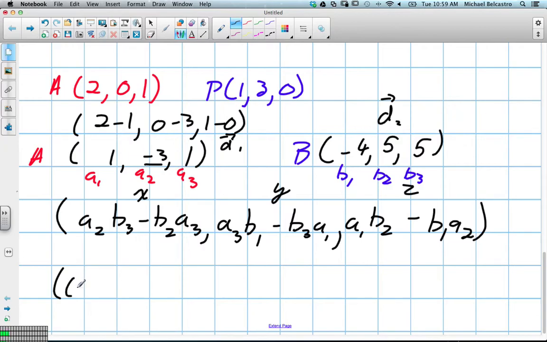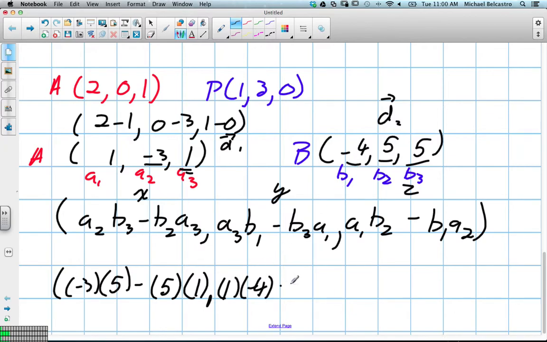Sometimes I mess this up. Negative 3 multiplied by 5, subtracted by 5 multiplied by 1 will give us our x value. A3, 1 multiplied by negative 4, subtract B3, which is 5, multiplied by 1.